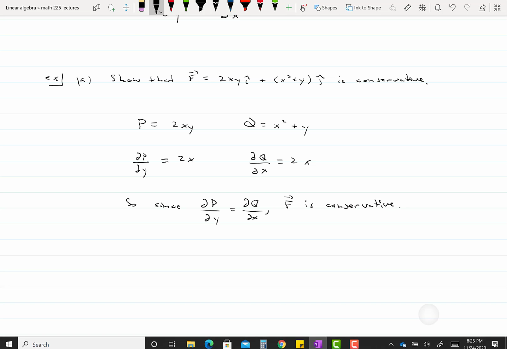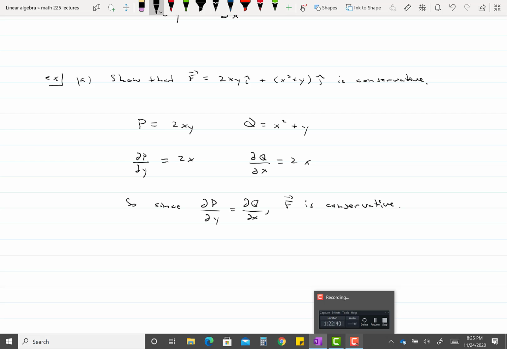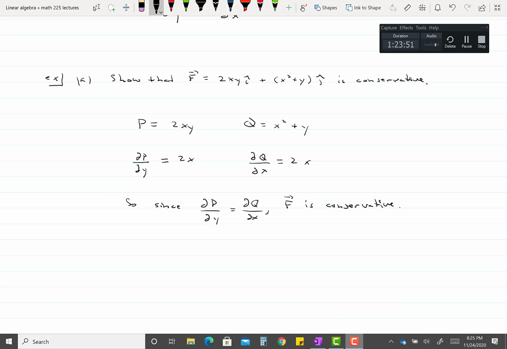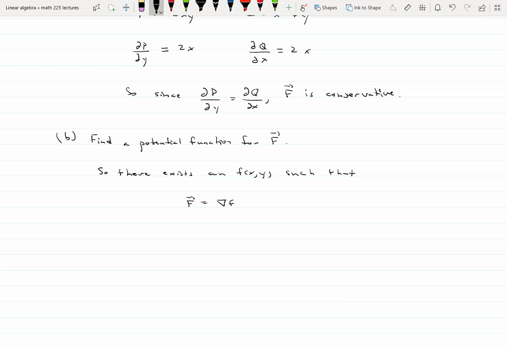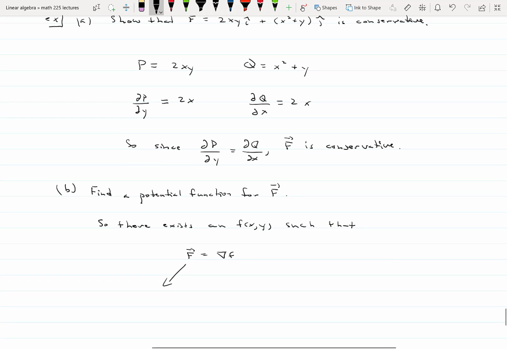Okay, so next let's find a potential function. This is something new for us here. So find a potential function. That means there exists a scalar function, small f of x y, such that F equals the gradient of small f. Well, F is my original forcing function, 2xy i plus x squared plus y j.